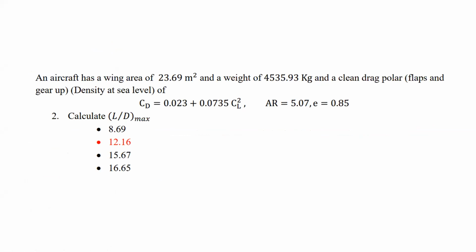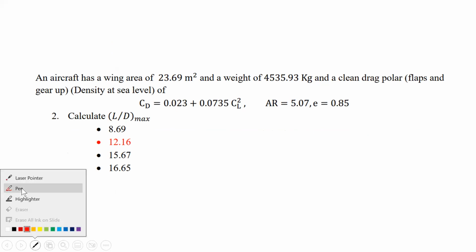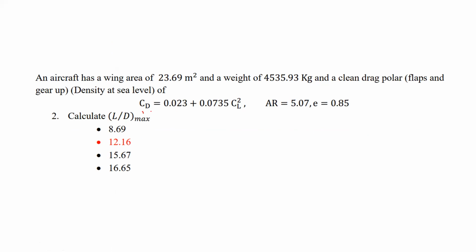An aircraft has a wing area, its weight, and a drag polar. This equation is called drag polar, guys. Aspect ratio is given 5, efficiency factor is given 0.85, compute L by D max.